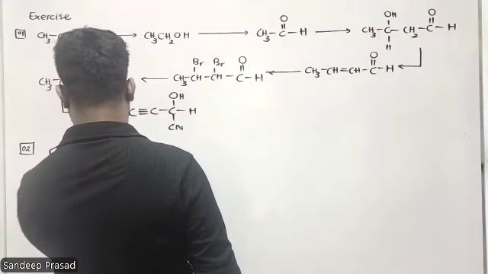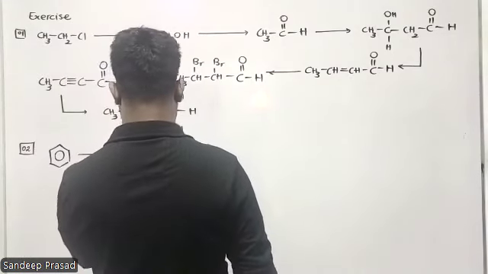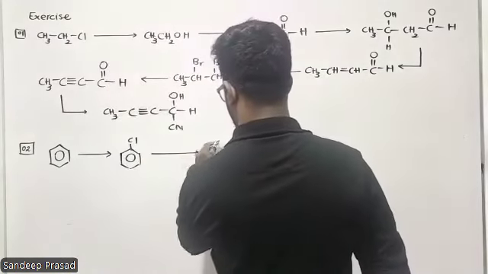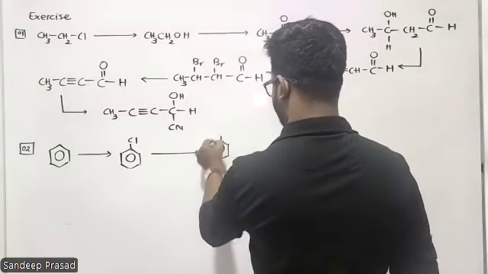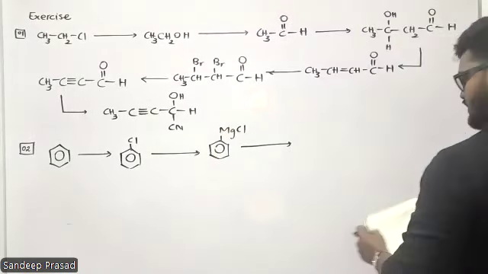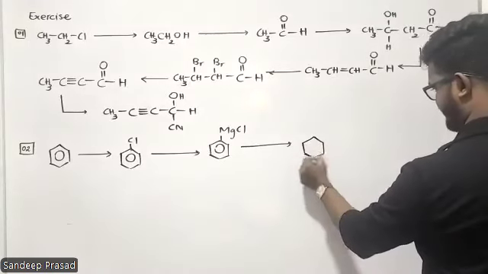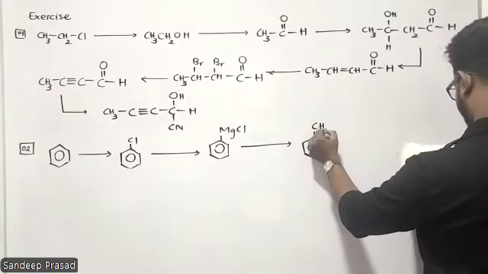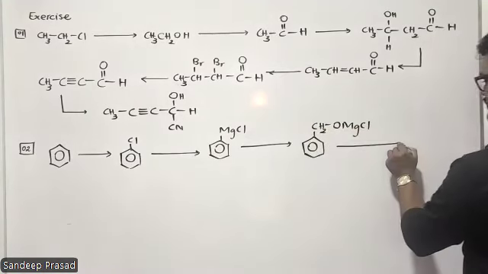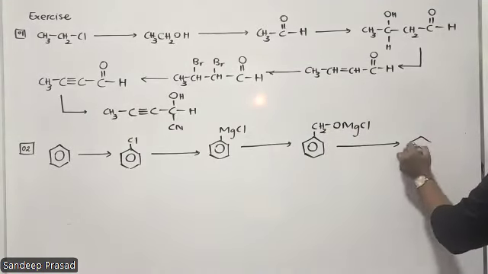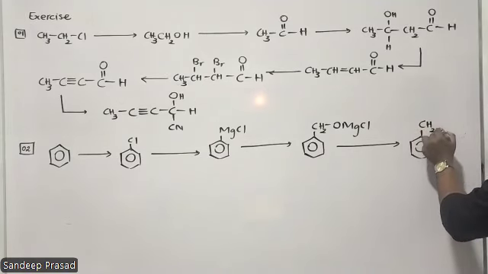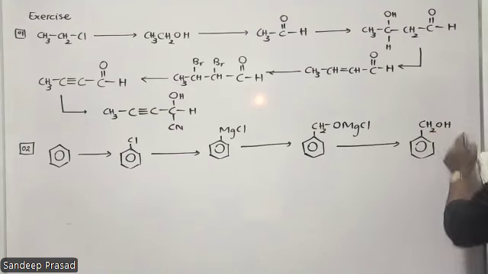we have benzene going to chlorobenzene, producing a Grignard reagent from there. Then an intermediate product after adding an aldehyde. After that, we have this kind of alcohol.